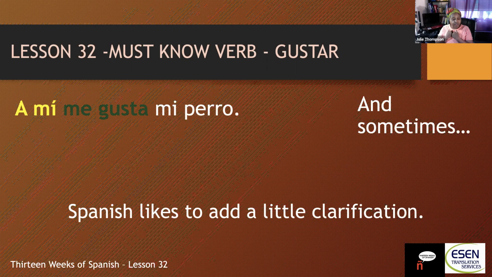To us, that's redundant because a mí is to me. Me is to me. So we say, to me is pleasing my dog. And we're thinking, oh, why do they have to put it twice? Because that's the way Spanish is.